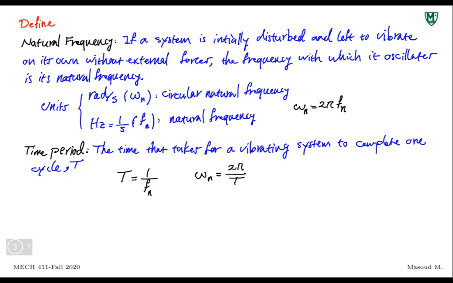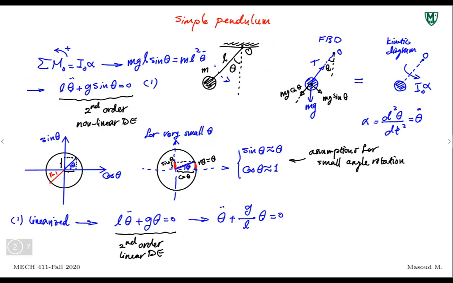Let's go back to the equation of motion we got. Second order linear differential equation. I said theta double dot plus g over L theta is equal to 0. This is the equation of motion for a pendulum.